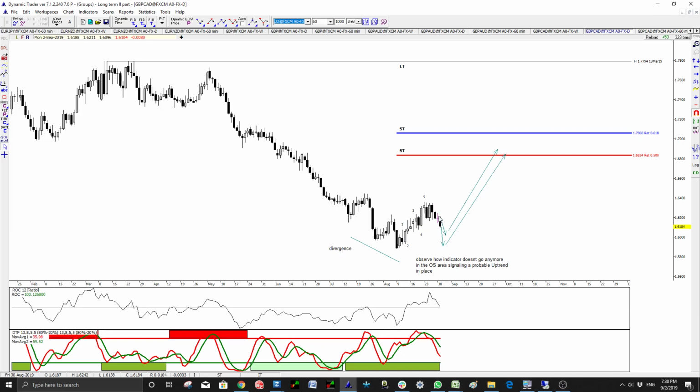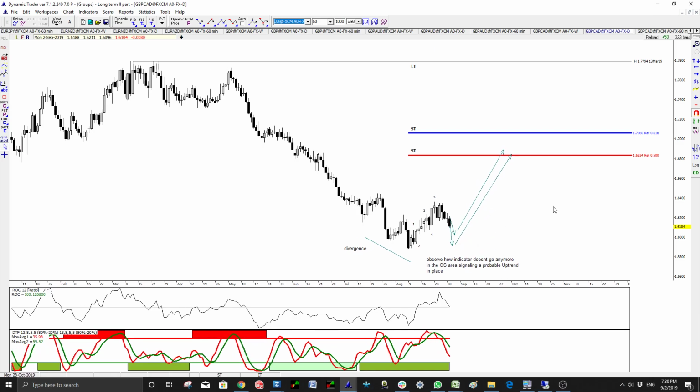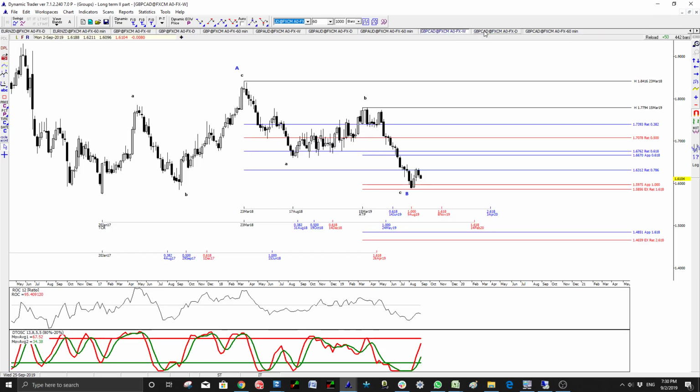And maybe if we get a buying signal right now, that would be a good buying opportunity. What we don't want to see is the market making a new low. If it makes a new low, then this new low may cancel the whole pattern. So that's about it.